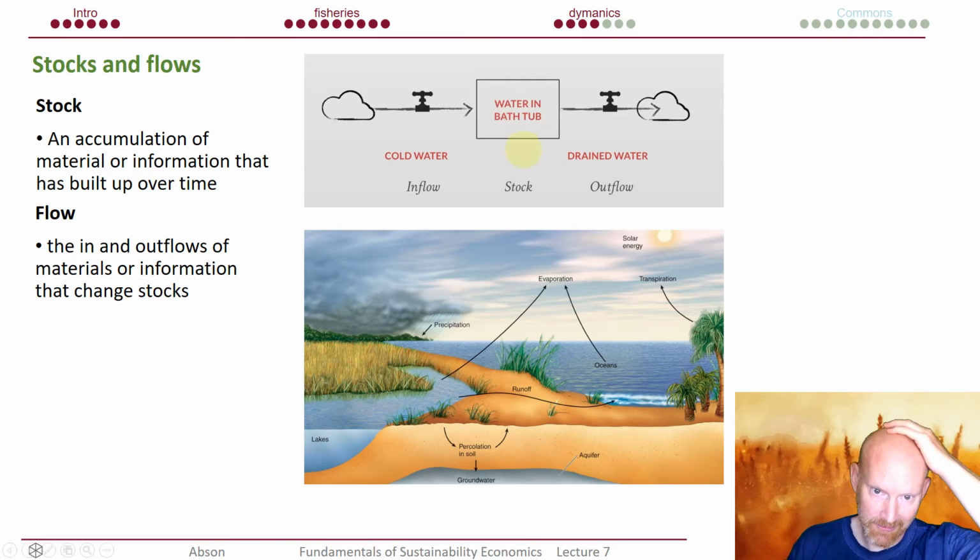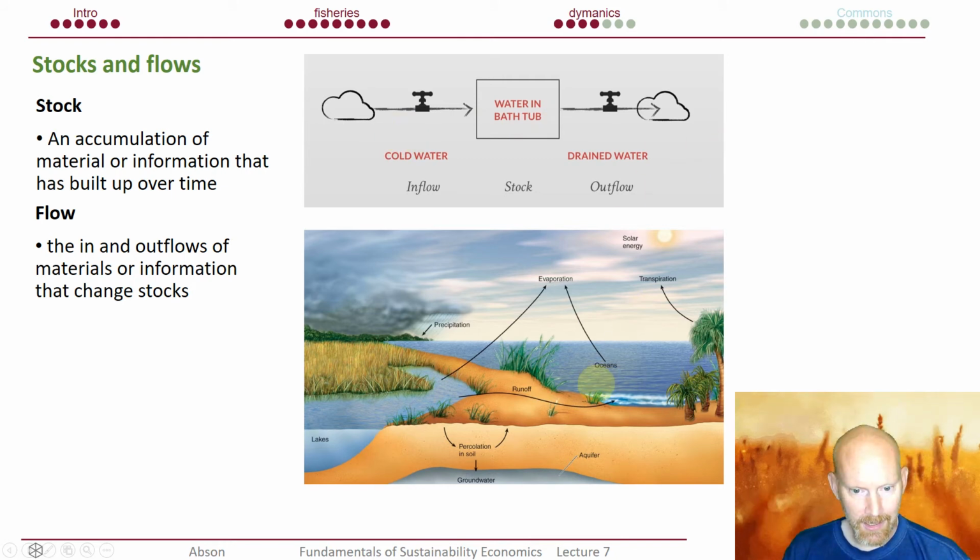There's a stock of water in the bathtub and there are inflows and outflows, but you can also think about precipitation, evaporation and transpiration, solar energy, and these stocks of water in the lake, and the flows between evaporation and rainfall in sophisticated ways.